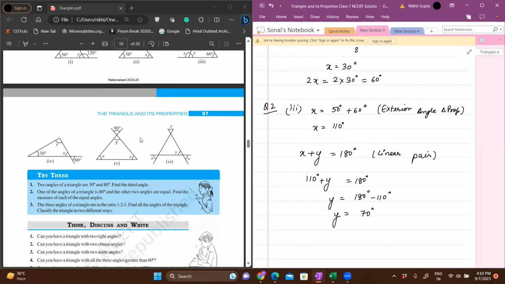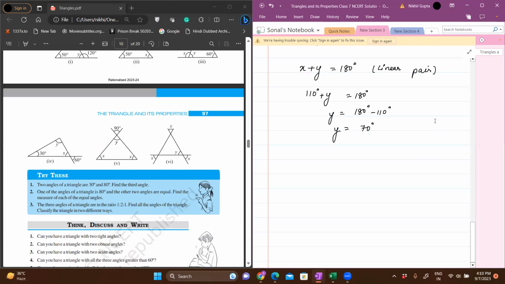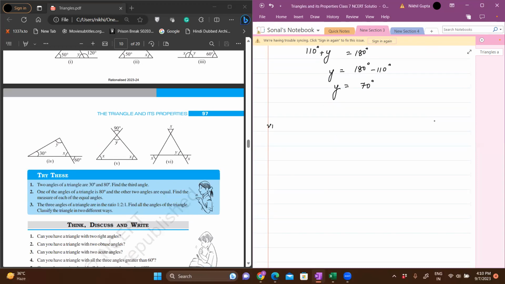Now let's come to the sixth part here. You can see from here, x will be equal to y, right?